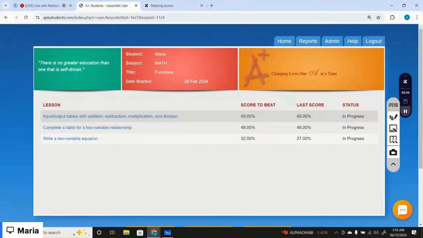Complete a table for a two variable relationship.